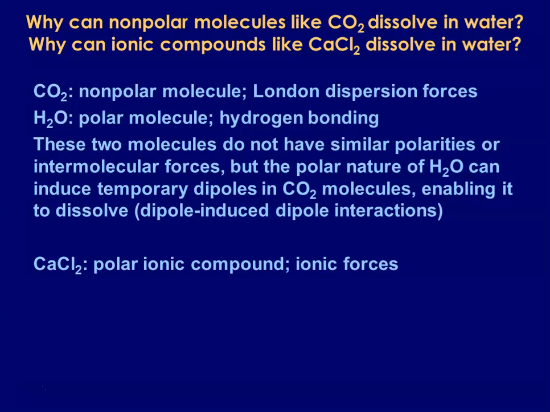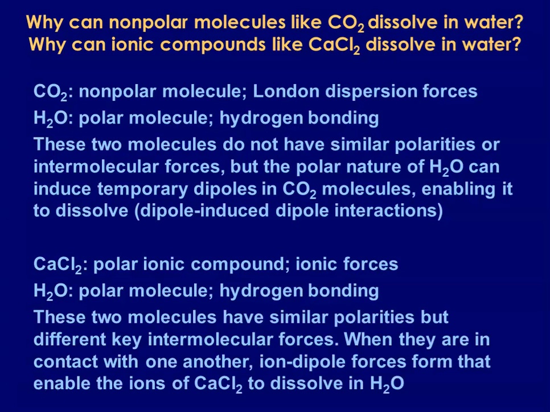Calcium chloride is an ionic compound, very polar. It has those electrostatic intermolecular forces. Water still just has the hydrogen bonding as its dominant intermolecular force. So they don't share the same type of intermolecular force, but remember we talked about how they have the ability when they come in contact with one another to form ion dipole forces.